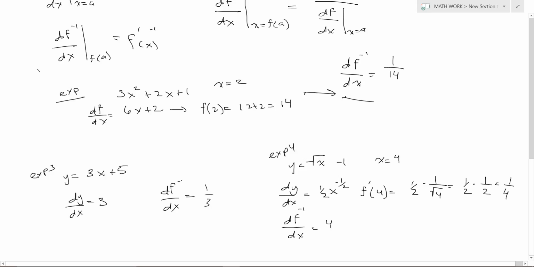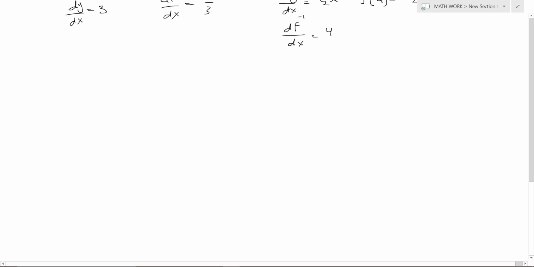And let's see if we can prove that. Let's take the original function, I think it was minus 1. So I'm going to interchange the values. x equals root of y minus 1, so x plus 1 equals root y, so x plus 1 squared equals y.